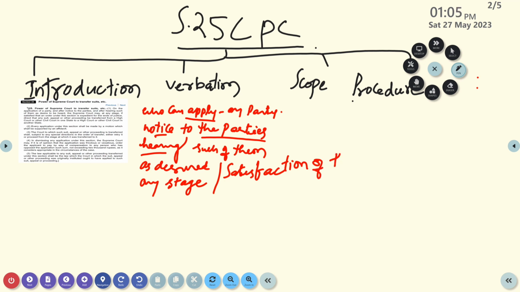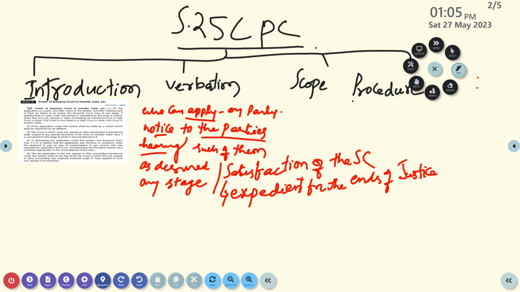Satisfaction of the court, that means Supreme Court. Okay, satisfaction regarding what? Expedient. Expedient for what? For the ends of justice. Expedient for the ends of justice.